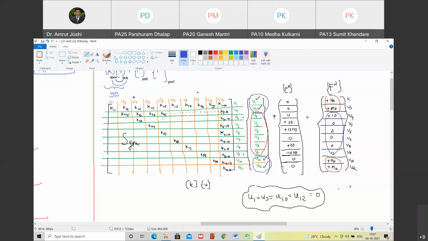So U4 is this. I am going to consider only the terms from U4 to U9, in the stiffness matrix, both in rows and columns.